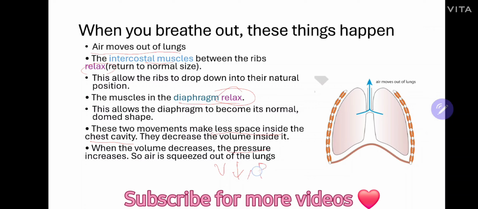Now we can see an activity here. Breathing in is also known as inspiration, isn't it? So what will be happening in the case of inspiration? The diaphragm will be contracting, as well as the intercostal muscles.